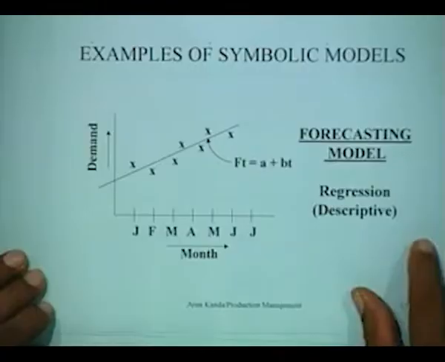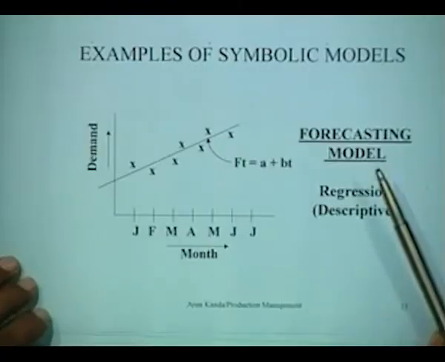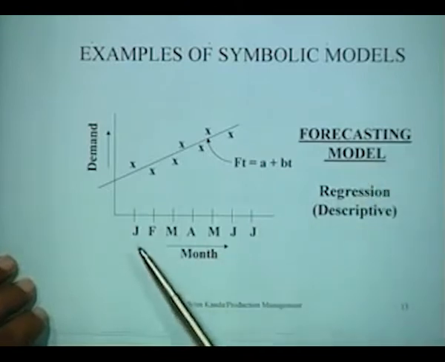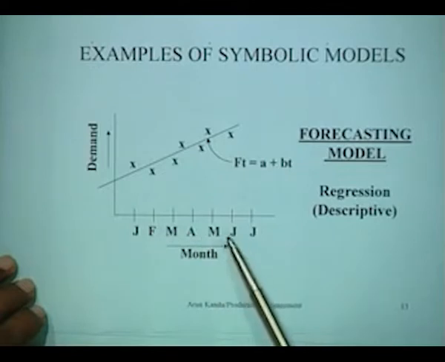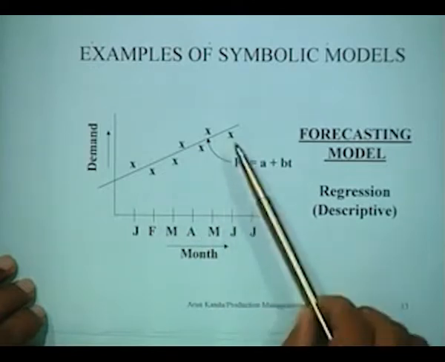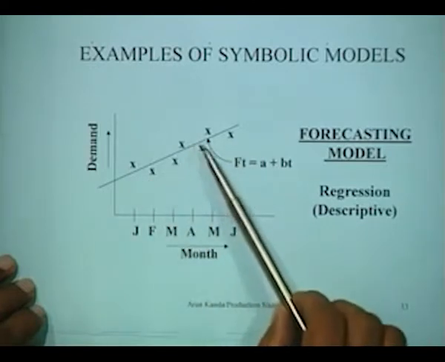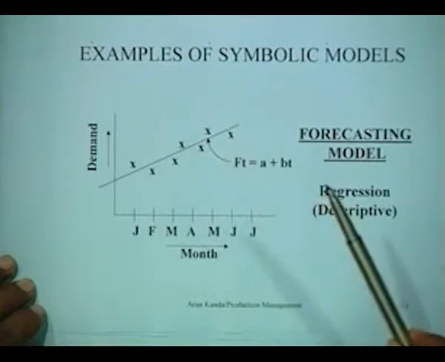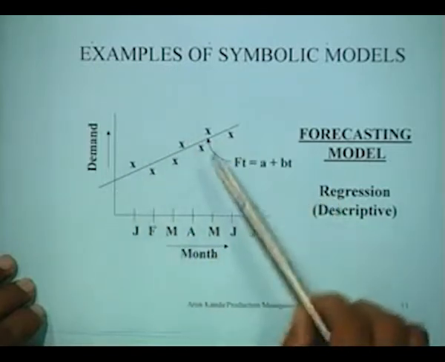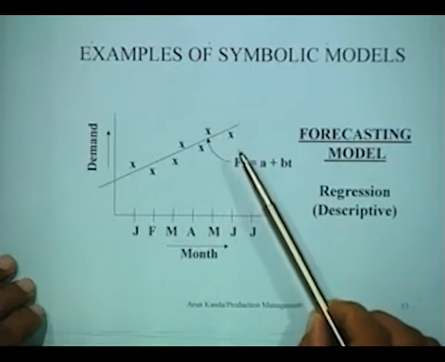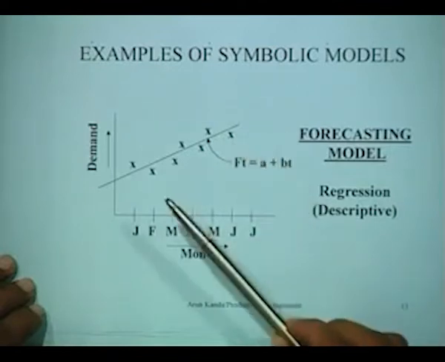Since the symbolic models are generally the most popular in production management, we just look at a few examples of symbolic models. For instance, as I said, if I have the past history, January, February, March, April, May, June, I have the actual demand for a certain product, and I want to utilize this information to find out what the demands for the future months are going to be.